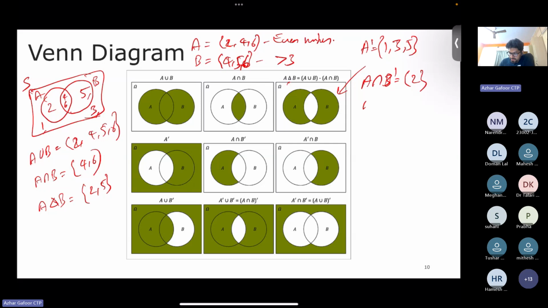Then similarly, A complement intersection B will have the element exclusive to B. And the last row, we have A union B complement. So that will have all other elements which are not exclusive to B. So we'll have 1, 2, 3, 4, and 6.